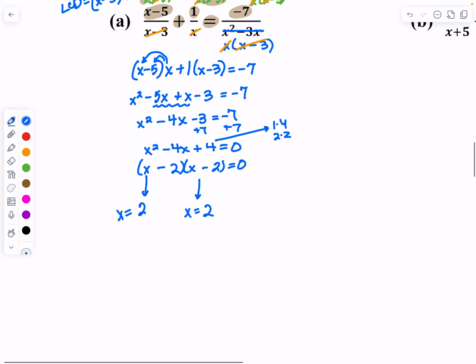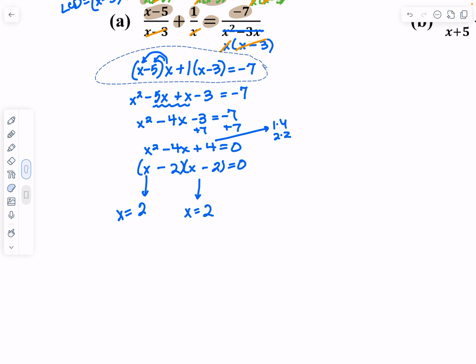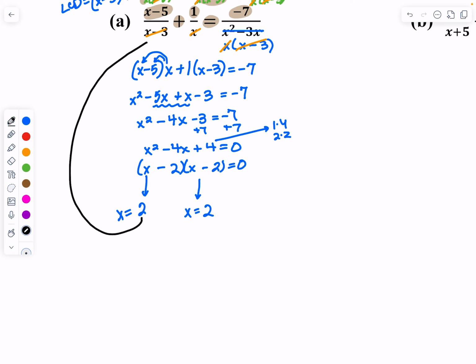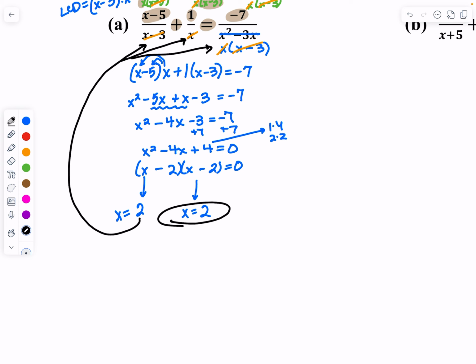So once again, remember that the 2 is a solution to the equation we got after I got rid of my fraction. So I'm going to take that 2, I'm going to plug it back in the bottom. It does not give me a 0 for the first one, doesn't give me a 0 for the second one, and doesn't give me a 0 for the third one. So x equals 2 is my solution.